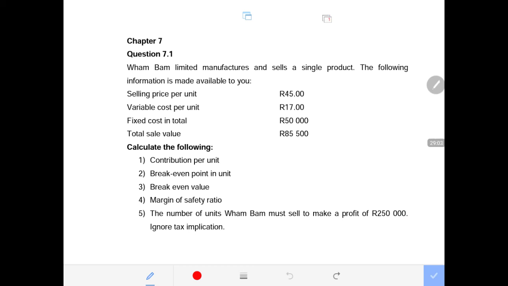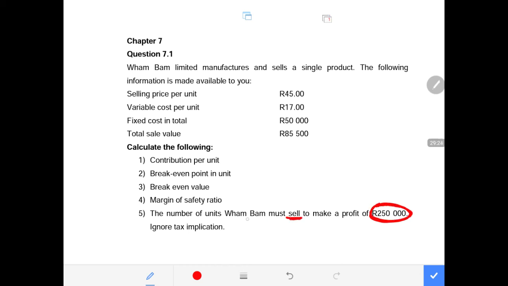Remember, fixed cost in total remain constant. So now that I have an estimate of my cost, then now I can predict how much profit I want to get out of this product that I'm selling, or out of this business. So now that I've predicted the profit, then I need to know how many units must be sold.